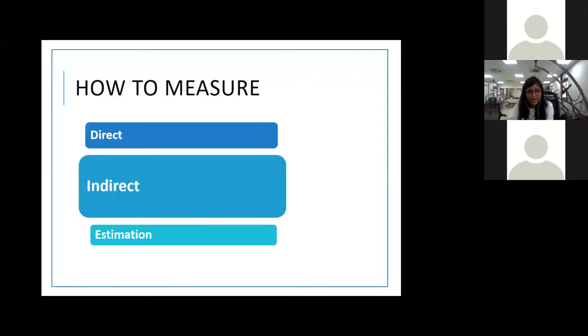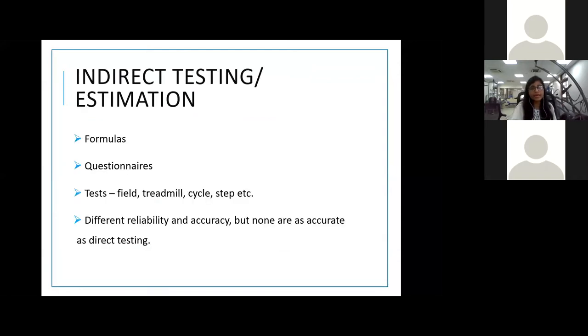Now, somebody had asked a question about indirect measurements of VO2. Indirect measurement is where you are not using these kinds of machines, but we are doing certain tests which already have predicted formulas, so that we can put in the values of measurements we could take, and it will give us an estimated value of VO2. So indirect testing is based on formulas.